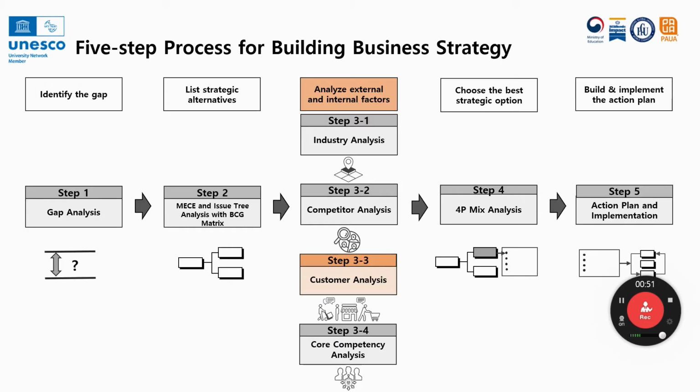Again, this is a 5-step process for building business strategy, and the first step is identifying the gap between the goal and our current status. That means we have to identify the differences between the desired target numbers and the current performance.